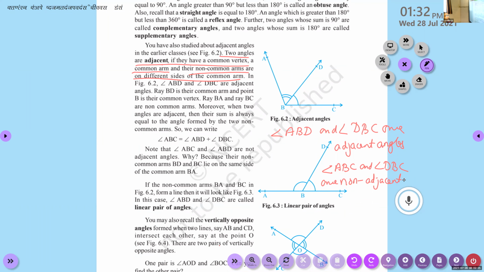ABD and DBC are adjacent angles. ABC and DBC are non-adjacent angles.